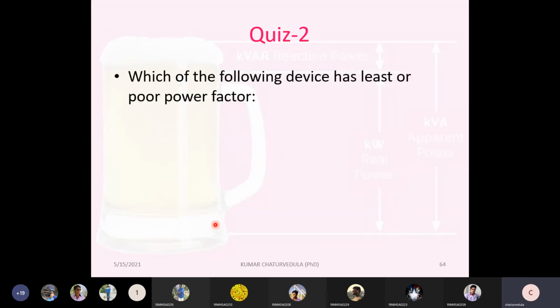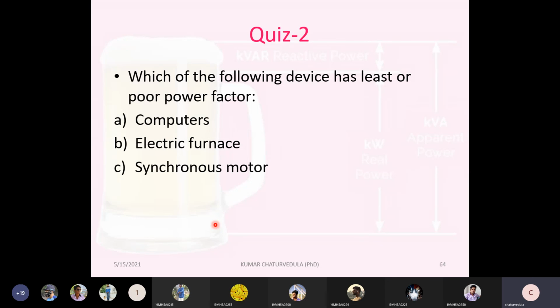Number 2, which of the following devices has the least or poor power factor? Computers, electric furnace, synchronous motor, filament bulb. As we have already seen, computers are non-linear loads. An electric furnace is also a lagging power factor load.